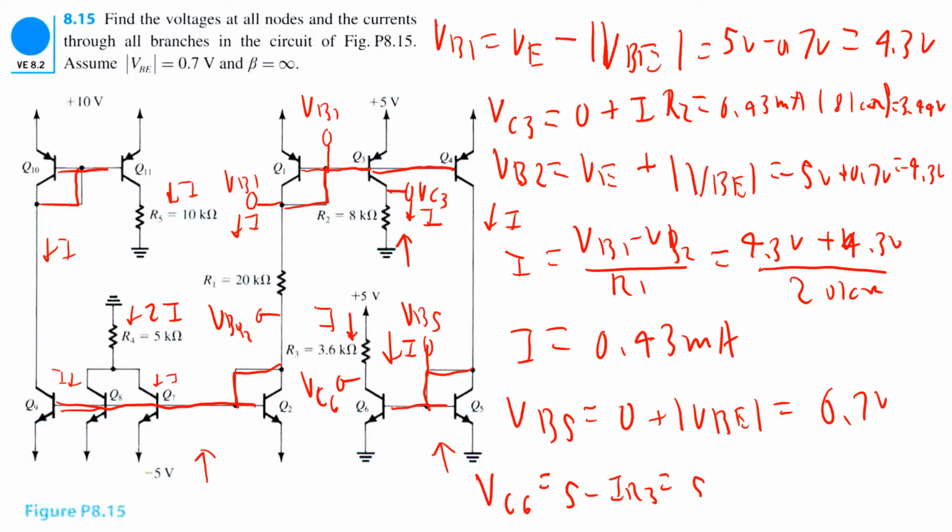So that's 5 minus 0.43 milliamps times R3, which is equal to 3.6 kiloohms. So that is equal to, right over here, the voltage at the collector of Q6 is equal to 3.45 volts. All right, let me clear up this work and we will keep going through the circuit.